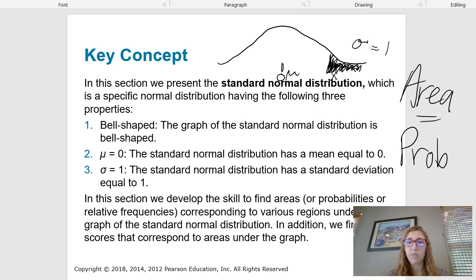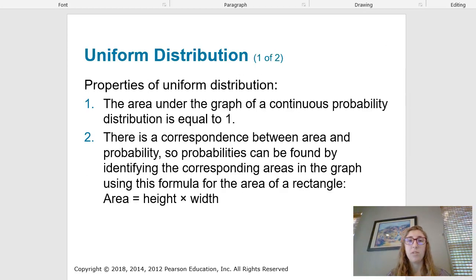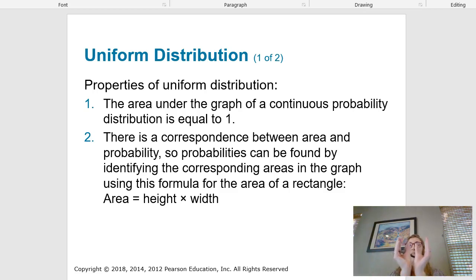So briefly, before I jump into our standard normal distributions, I want to come to our uniform distribution. If you remember, we talked about uniform histograms a few sections ago, maybe in chapter 2 or so. A uniform histogram is essentially when all of those bars in your histogram are all about the same height.